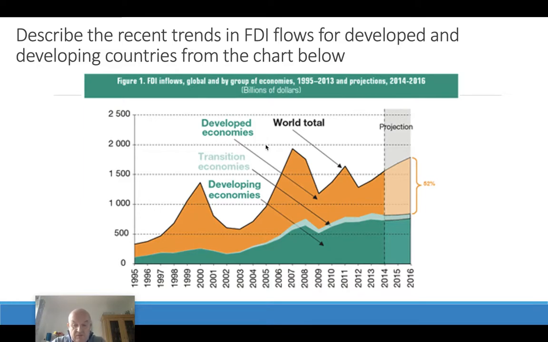So you can see in this instance, based on the projection, 52% of all FDI is into developed economies, and more often than not, we tend to think that FDI focuses on developing economies. It's clearly still a significant amount, but that has changed significantly over time.